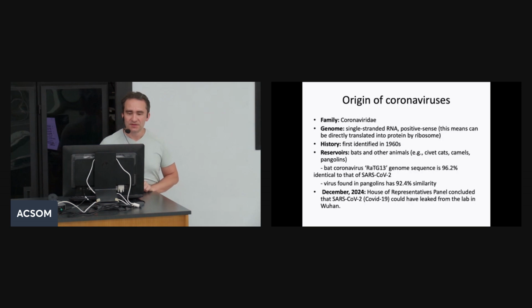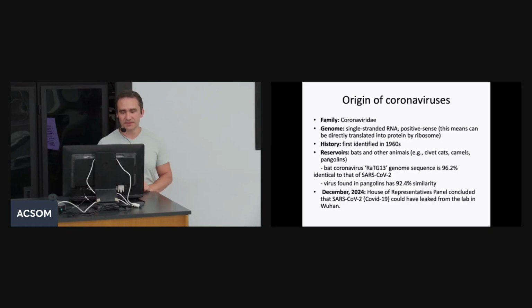Coronaviruses were first identified in the 1960s. There are reservoirs in bats and other animals like civet cats, camels, and pangolins, and we know that some coronaviruses came from other animals, like MERS, which came from camels. Some of them are very close to SARS-CoV-2, which is the cause of COVID-19.